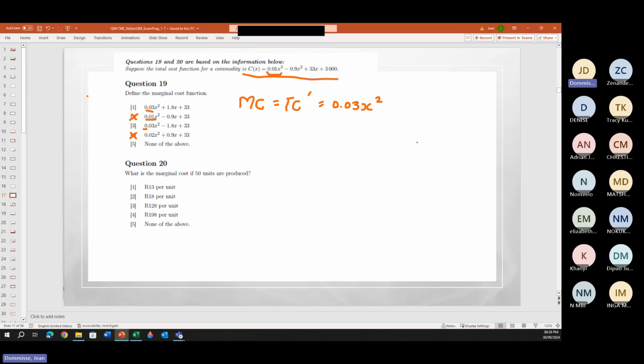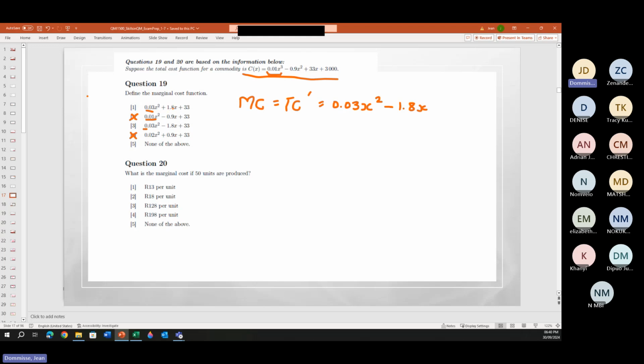Okay, then let's see, there's a negative, so it will stay a negative. 2 times 0.9 is 1.8, so we've got negative 1.8 x, 2 minus 1, so it's x to the power of 1, so it stays as negative 1.8x.